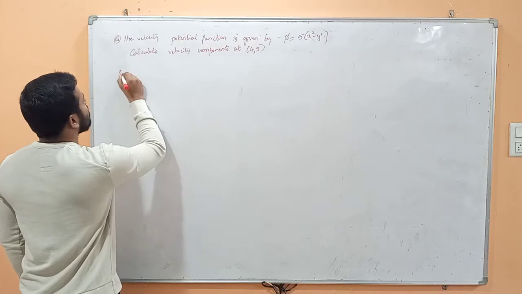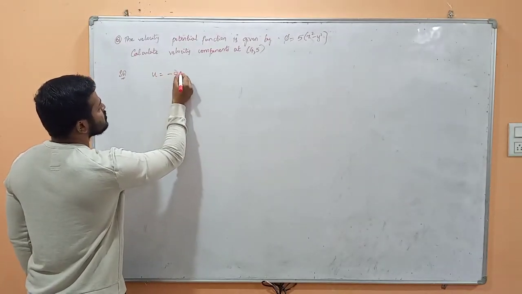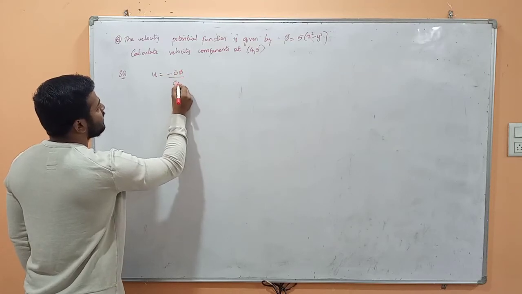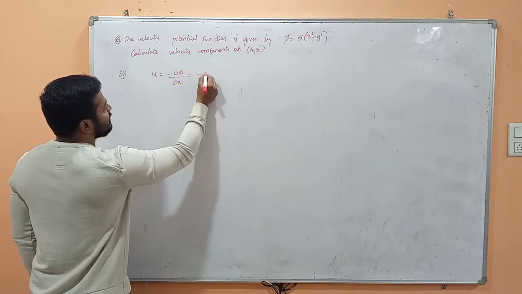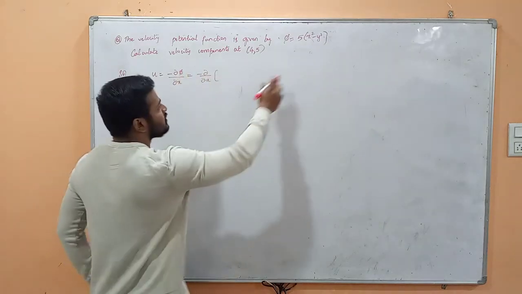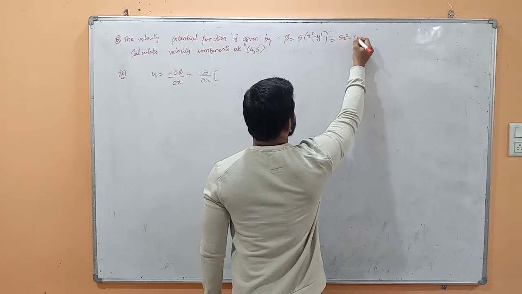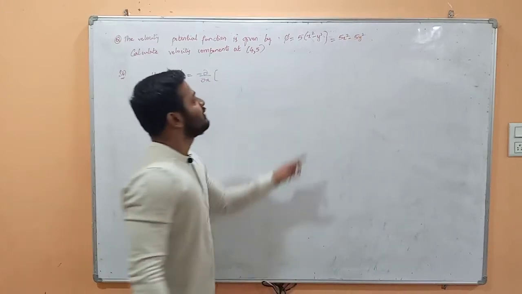So what is the formula when phi is given? u is equal to minus ∂phi/∂x. So minus ∂/∂x of phi, which has been given in the question. Can I write this as 5x square minus 5y square? Yes, I can multiply the 5 inside.